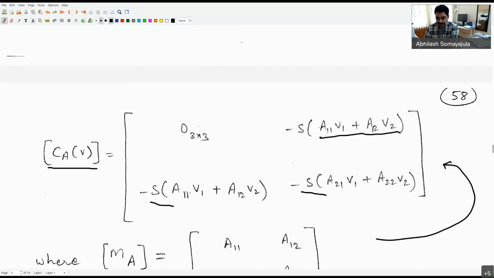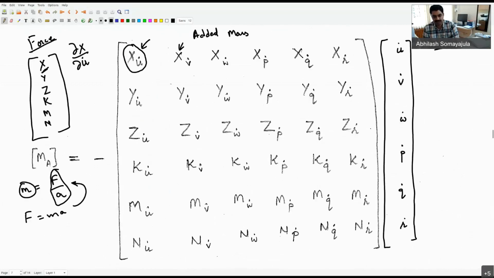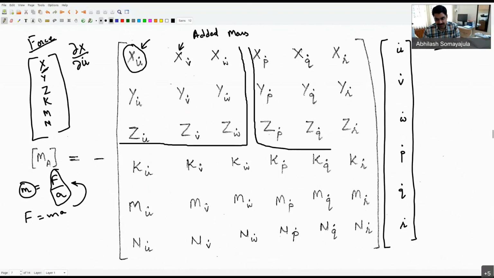Remember that if I want to expand this out, let's see what happens. So this is my added mass matrix. I'm taking this matrix A11 times V1, which is U, V, W, and A12, this matrix, times V2, which is P, Q, and R.